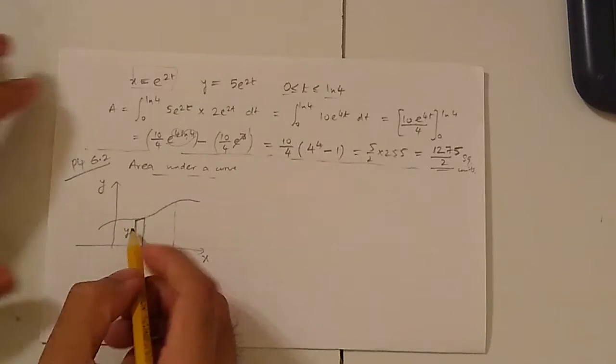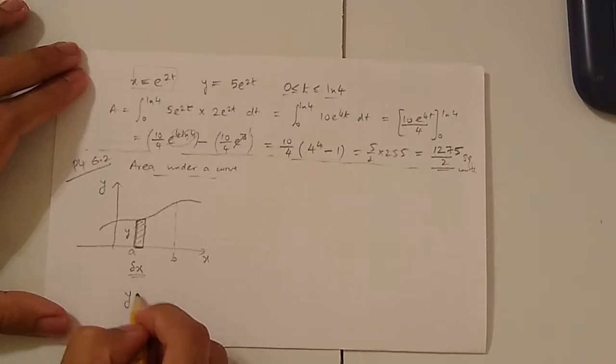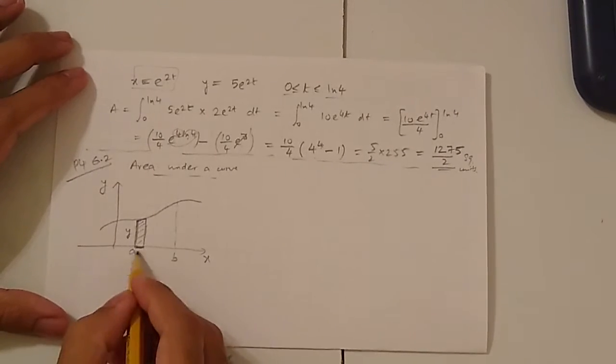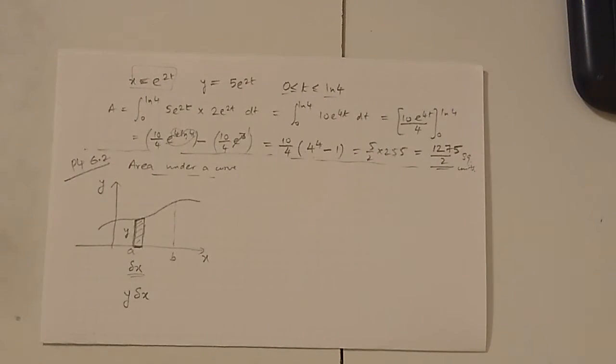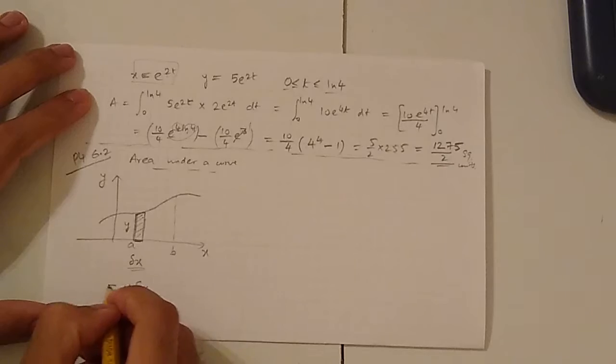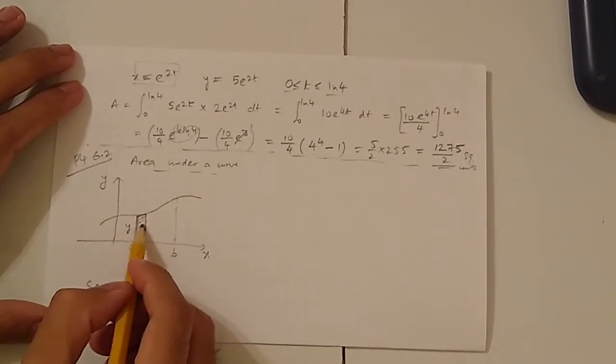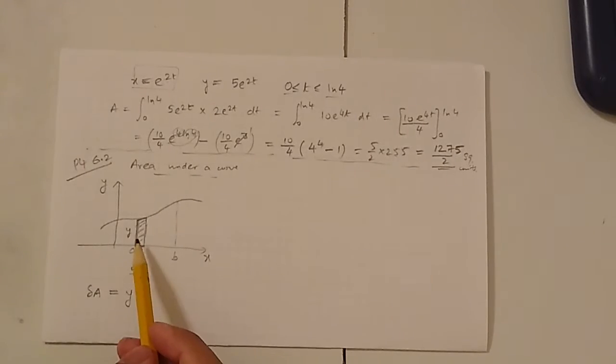Therefore, the area of this strip is going to be y delta x. This is equal to your small area. It is not the entire area. We're just doing a small strip.